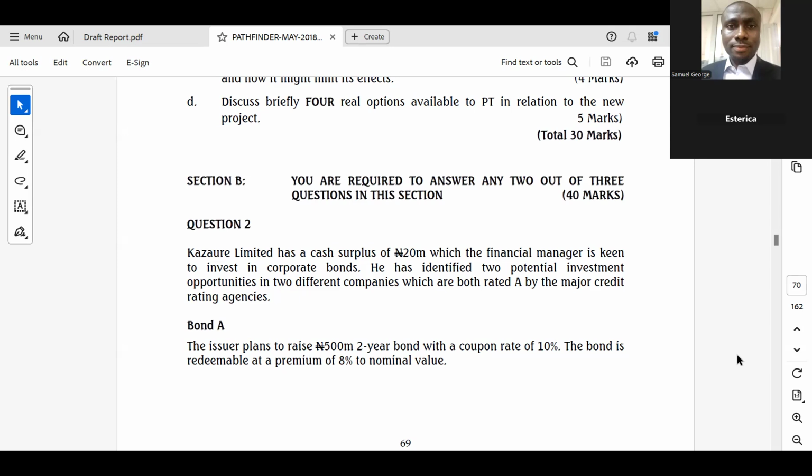So you are sitting in your house, you saw an advert on TV that says come and buy Fidelity Bank shares. You don't know anybody in Fidelity. You just know there is a bank called Fidelity and you want to buy their shares. So for you to have a little insight into them, they would have forced Fidelity Bank to do their own rating and publish it.